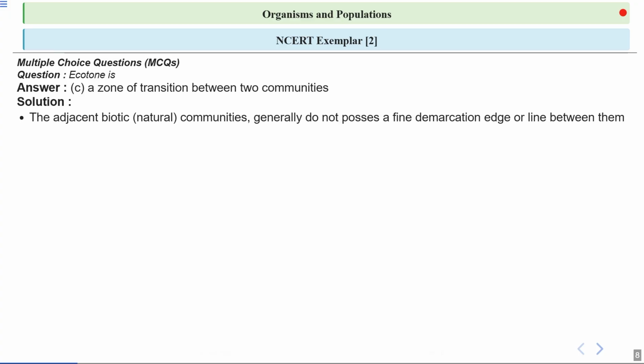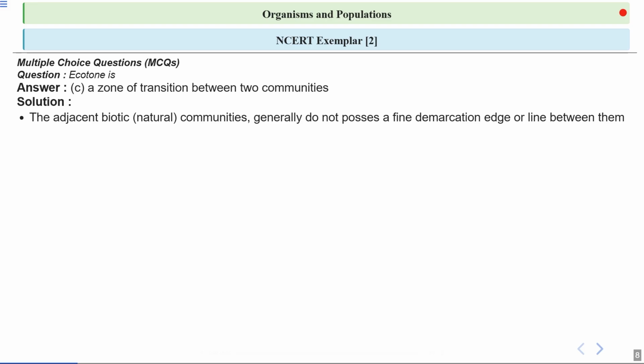Okay, let's have a look at the explanation. Adjacent biotic communities lack fine demarcation lines because of transition zones called ecotones, where species from both communities overlap and new unique species may emerge due to a broader range of resources.